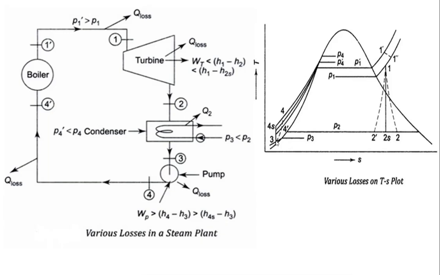This is state point 3. In actual cases the steam is going to condense to the subcooled level. 3 to 4s is the isentropic compression process in ideal cases, but in actual cases the process takes place from 3 to 4. The dotted line indicates the actual compression process.